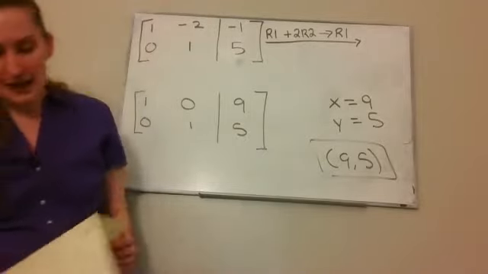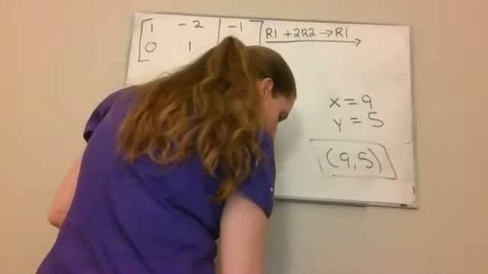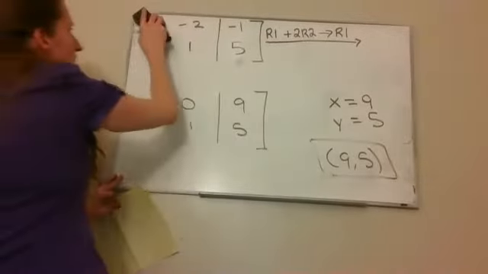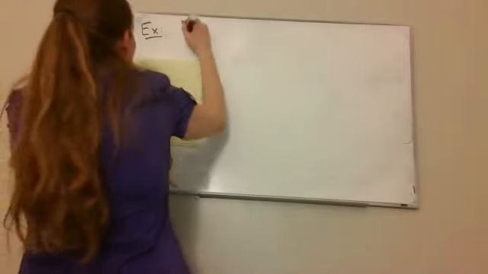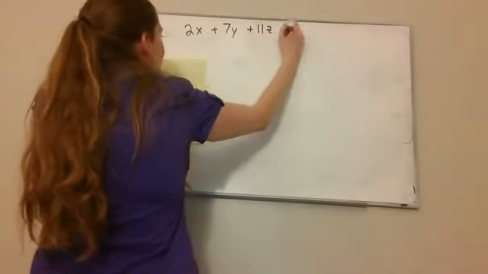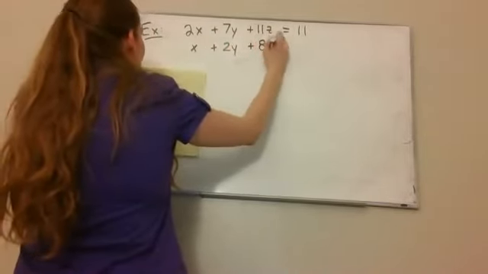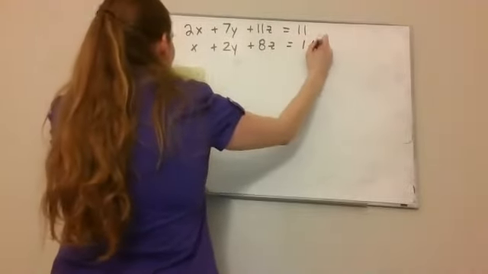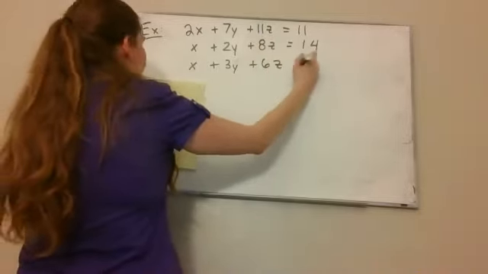All right. I have just one last example for us because these problems take a while to go through. So last example, we are going to solve the system 2x plus 7y plus 11z equals 11, x plus 2y plus 8z equals 14, and x plus 3y plus 6z equals 8.